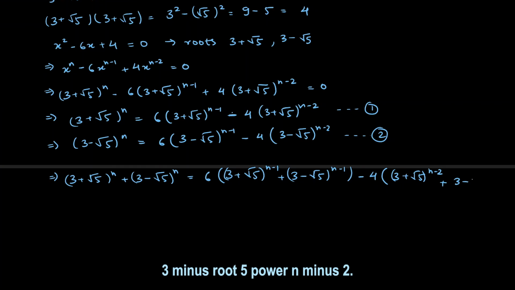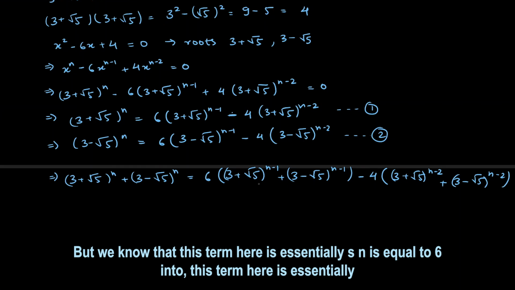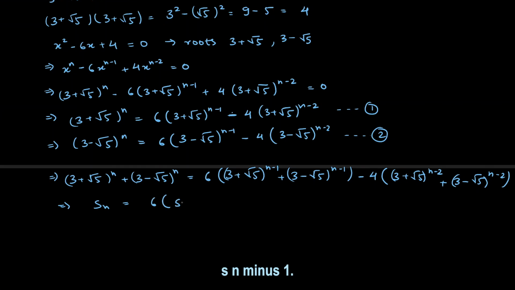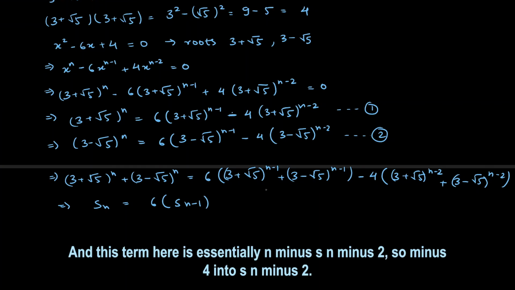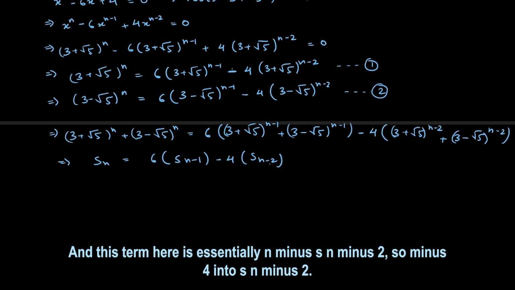But we know that the first bracketed term is essentially S(n−1), and the second is essentially S(n−2). So Sn = 6S(n−1) − 4S(n−2).